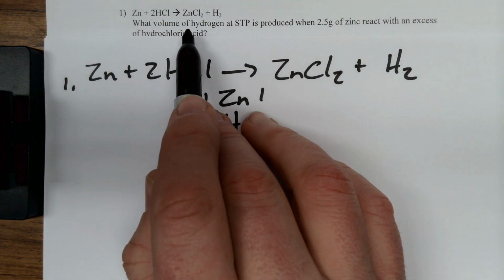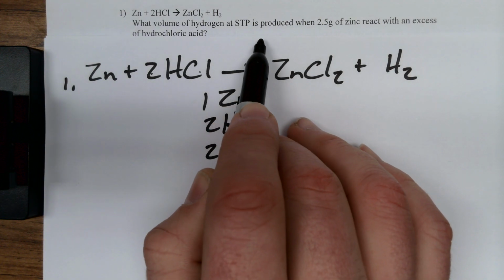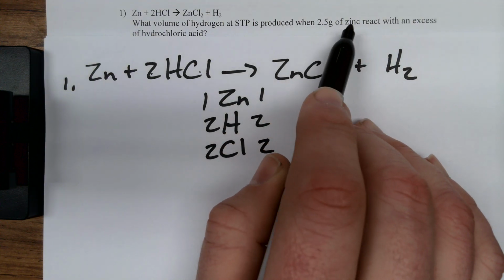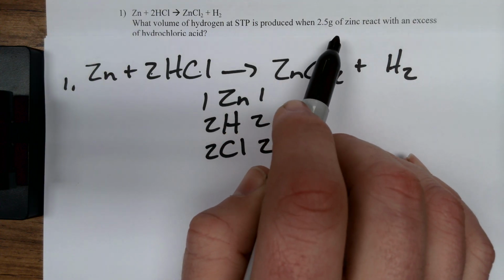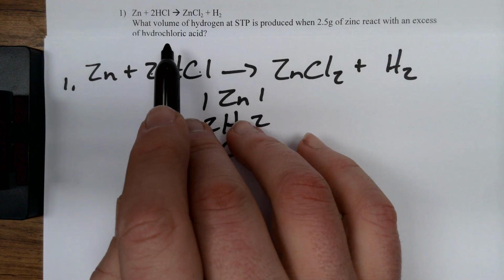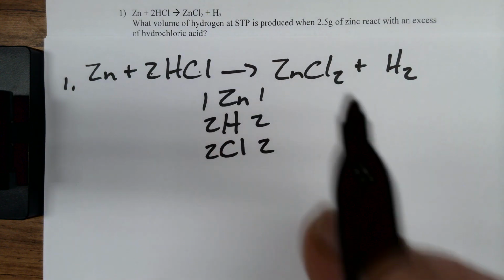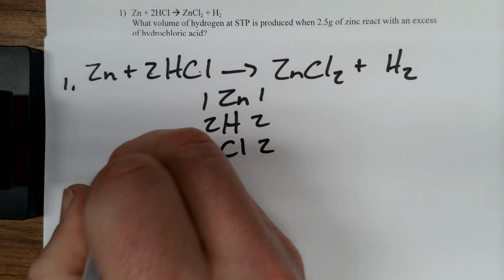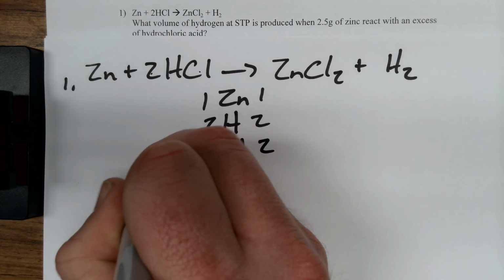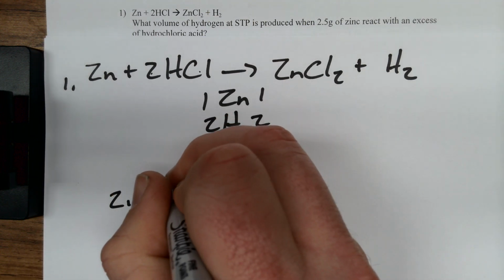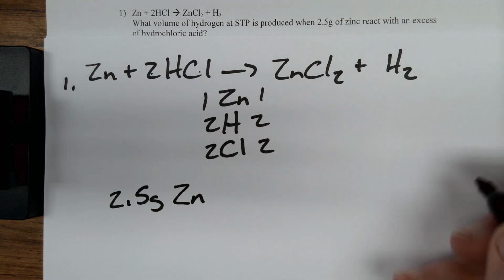What volume of hydrogen, at STP, is produced when 2.5 grams zinc reacts with excess hydrochloric acid? So I'm given 2.5 grams zinc.